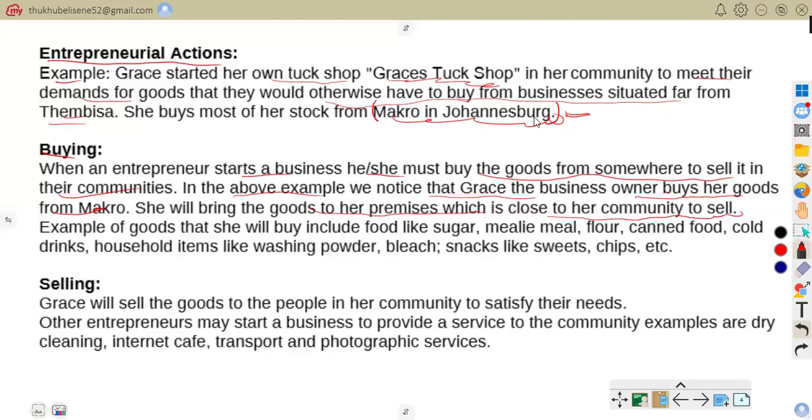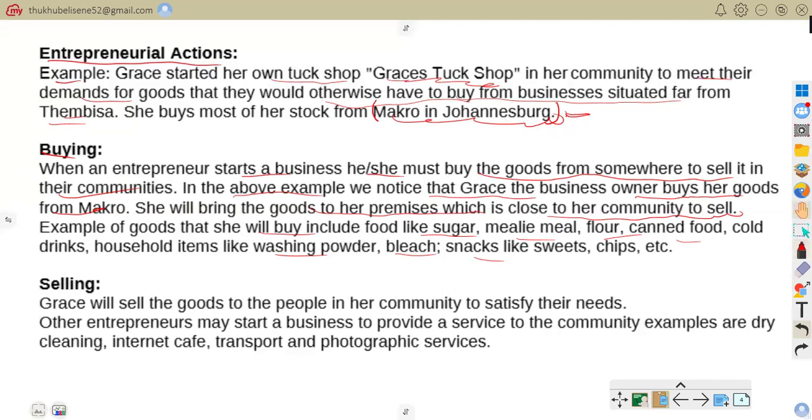Examples of goods that she will buy include sugar, maize meal, flour, canned food, cold drinks, household items, washing powder, bleach, snacks, like sweets, chips, and so on.